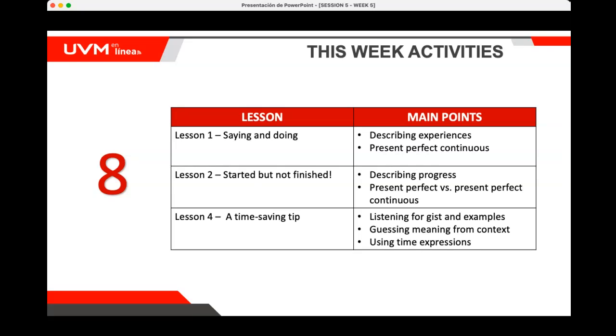So usually we shouldn't have any problems conjugating the verbs in these forms. But if not, you reviewed present perfect and present perfect continuous in this unit, which is again, I think, kind of an easy topic for this point, but I don't know.